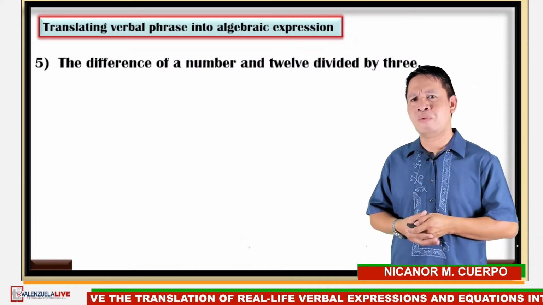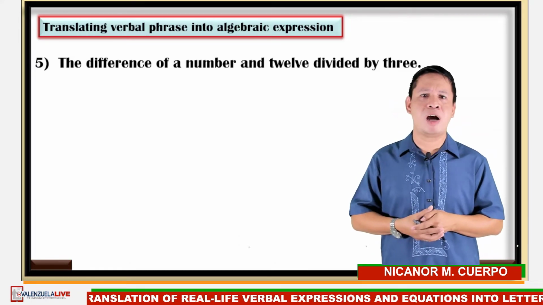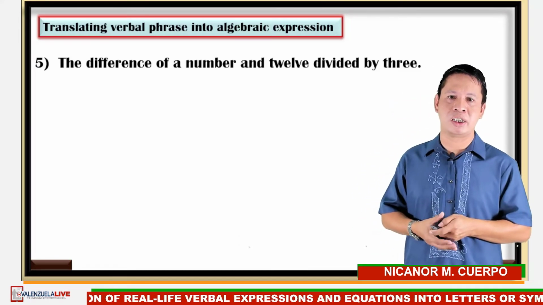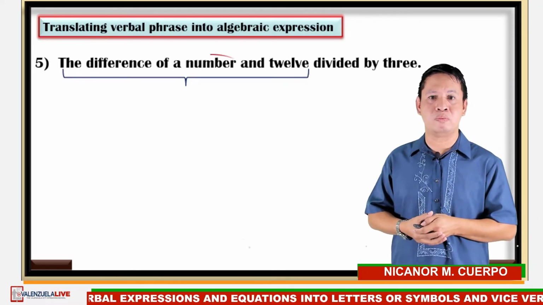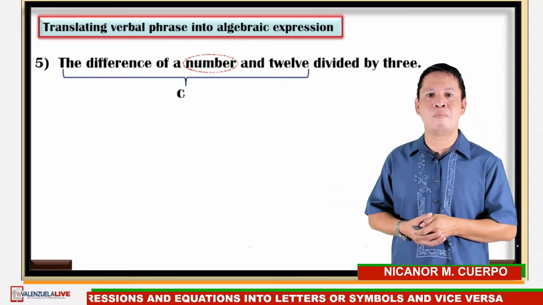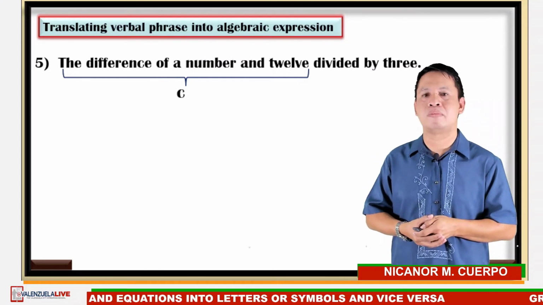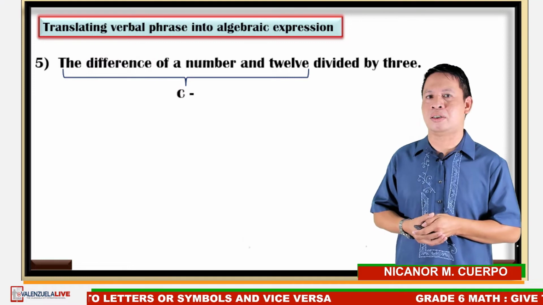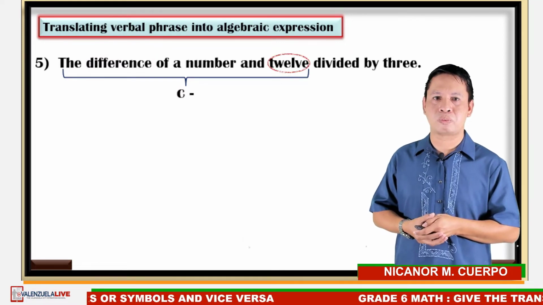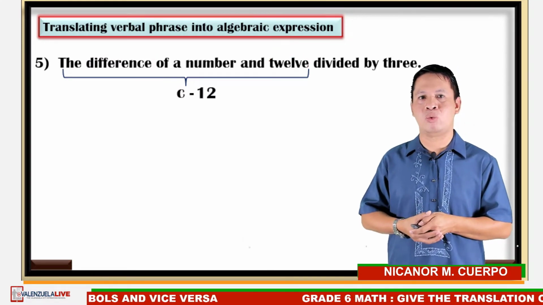Now, for number 5, the difference of a number and 12 divided by 3. Difference of a number and 12. So let's represent a number using the variable c. Then the difference means subtraction. Then 12. C minus 12.